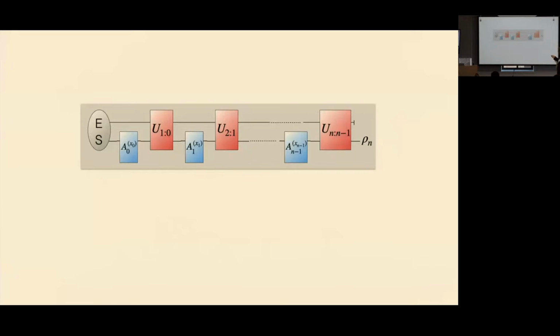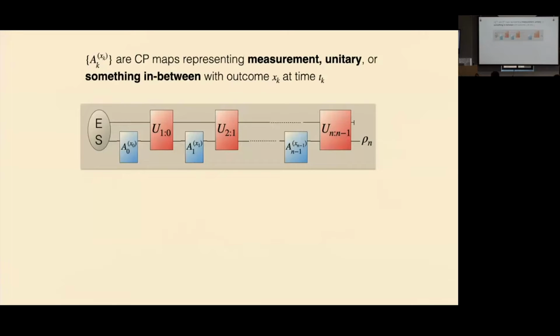That's denoted by these blue boxes. Those are control operations. Usually they're represented by completely positive maps. They're also known as instruments. There could be measurements, there could be unitaries, could be something in between, and so on. And the X's are the outcomes of those measurements, and there could be null outcomes.